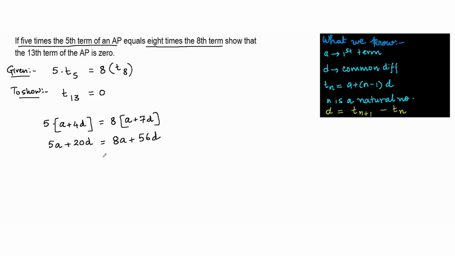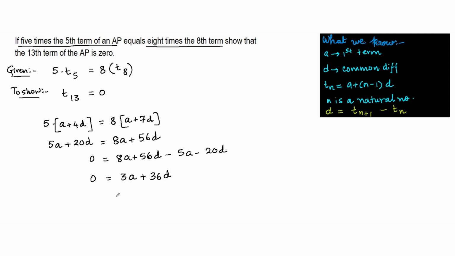And therefore, let us now arrange all terms on one side. So 0 is equal to 8a plus 56d minus 5a minus 20d. Therefore, 0 is equal to 8a minus 5a is 3a plus 56d minus 20d is 36d.